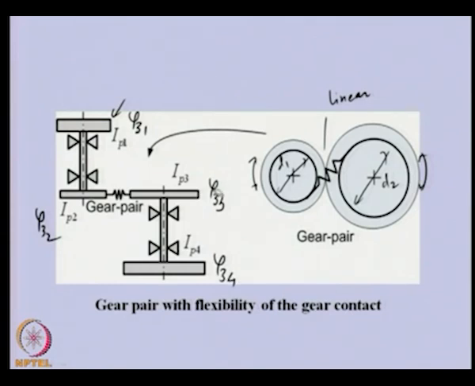Now, we can see that these two angular displacements are as such not related by the gear ratio, because now there is a flexible element in between. So, basically these two are now independent angular displacements.